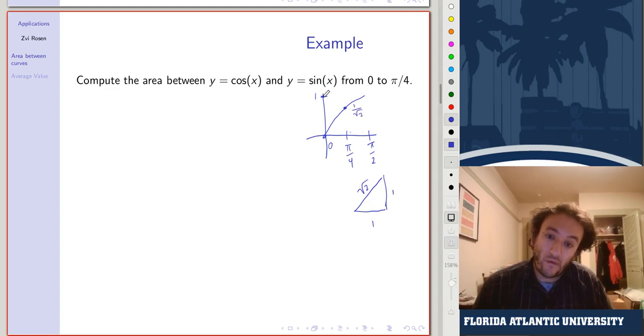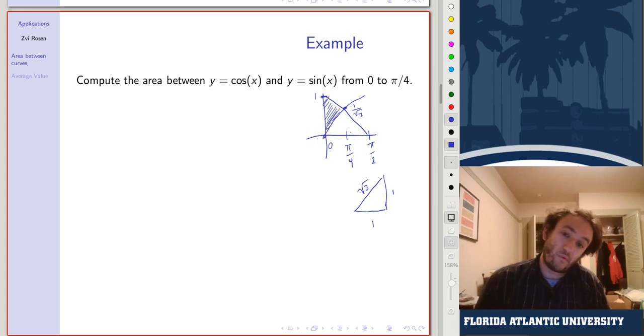As for cosine, it goes exactly the opposite. So the area that we're interested in computing is this one, this shaded region.